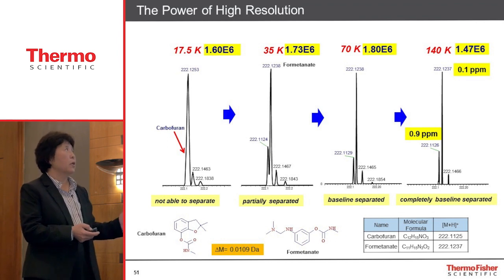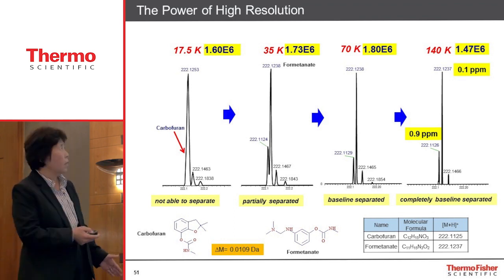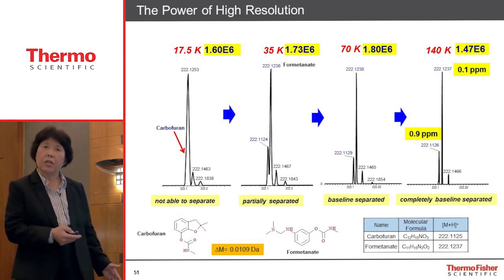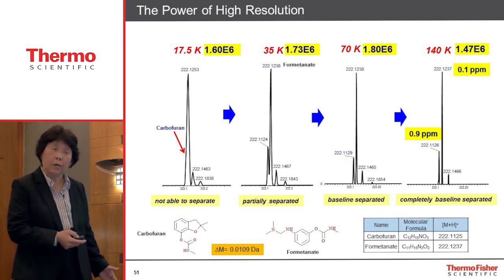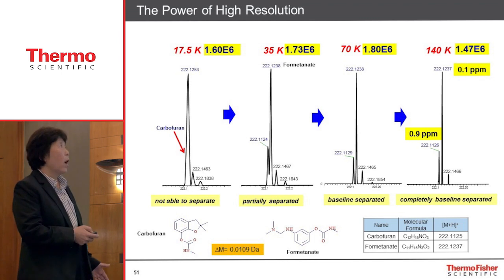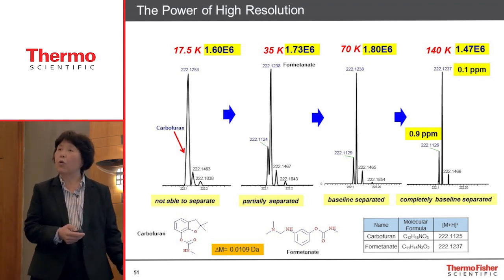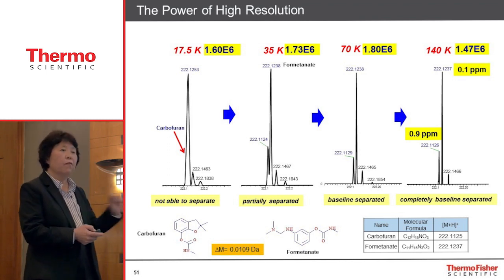At 140,000 resolution, they are completely baseline separated, also with sub-ppm mass accuracy. On top of that, you didn't sacrifice any intensity, which is very important when you do high-resolution quantitation, right? By the way, this was acquired on the Q-Exactive. We call the Q-Exactive a Quanfirmation machine, right? You can do high-resolution quantitation very easily.